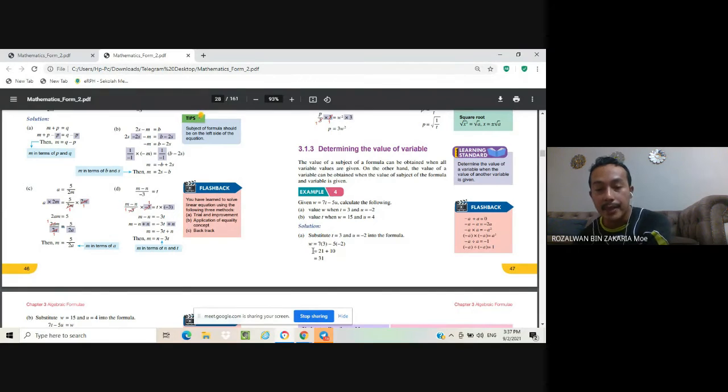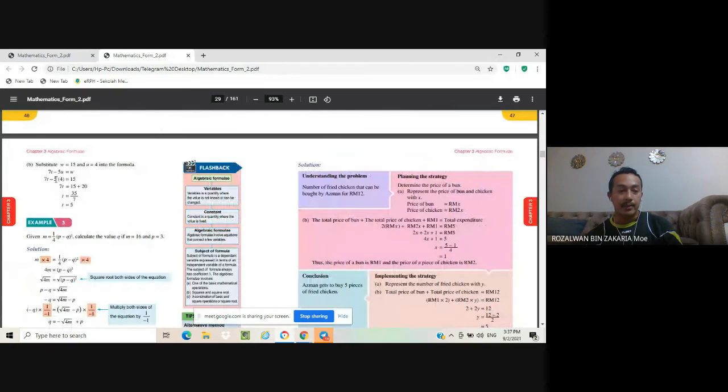Then we get W equals 7 in bracket 3, then minus 5 in bracket minus 2. Bracket means multiplication, so that equals 21 plus 10. Minus multiplied with minus becomes positive, 5 times 2 becomes 10. So the answer equals 31.